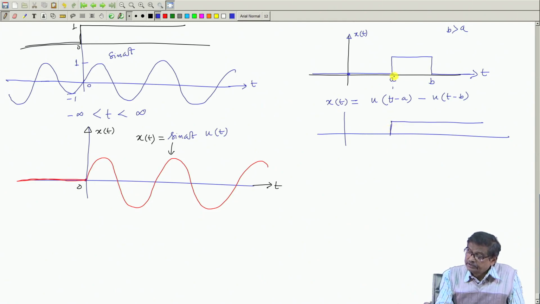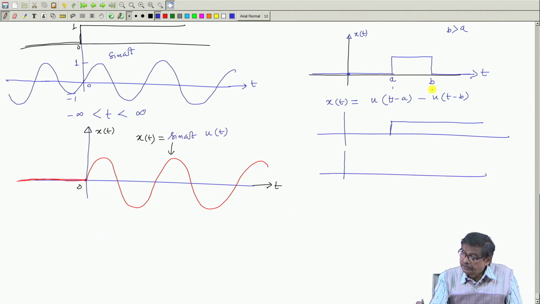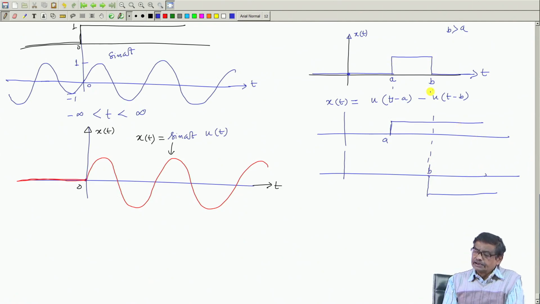So the value of the function for t less than a is 0, and u t minus b is this, but negative of that will be this one. So if you add these two, this will cancel out and give you this pulse. This is a very easy exercise, you can easily see.